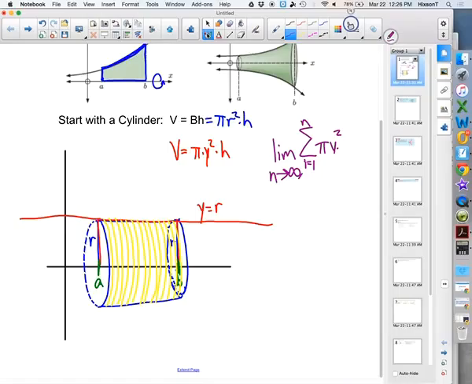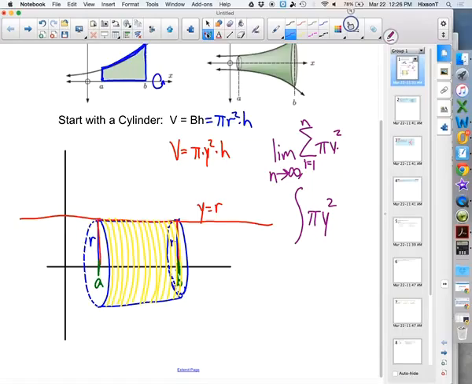Okay? So check this out. We're taking the integral. That's what that limit as n approaches infinity of the sum from i equals 1 to n is. We're taking the integral of pi y squared.